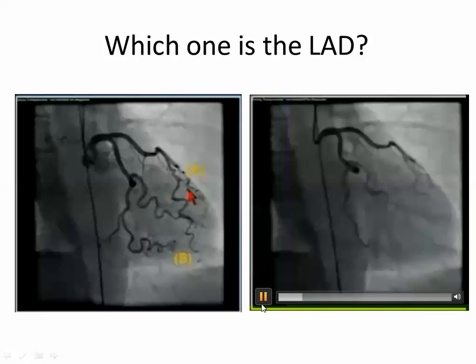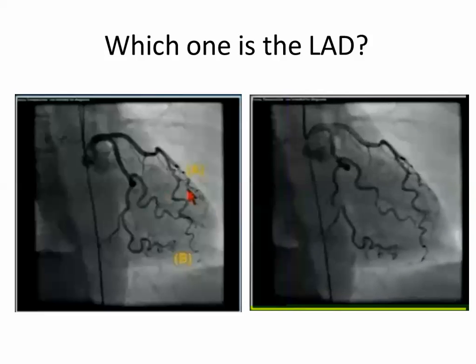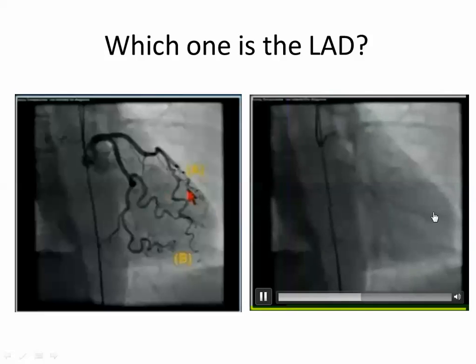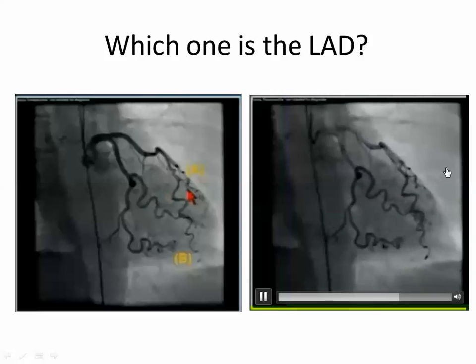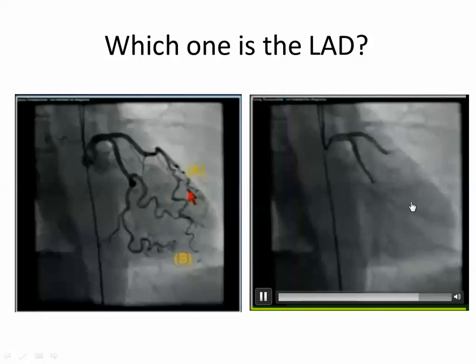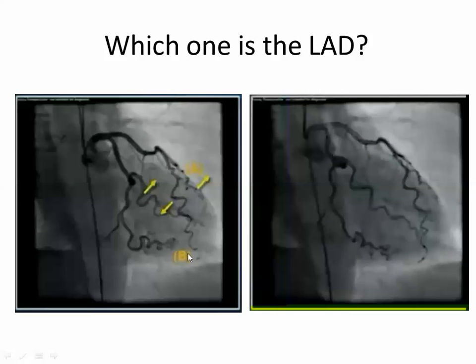See it again. Even the diagonal is moving upward, while the LAD is moving downward. All of them are moving upward. What's the importance of this sign?